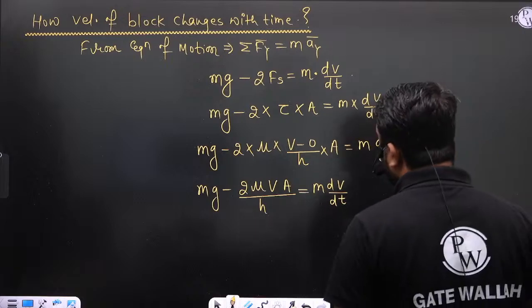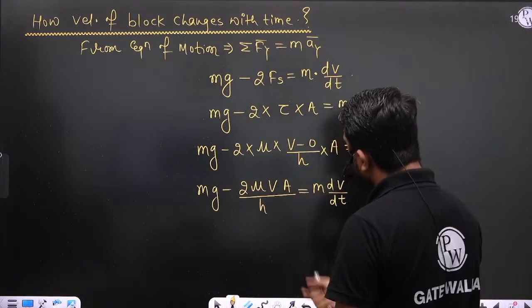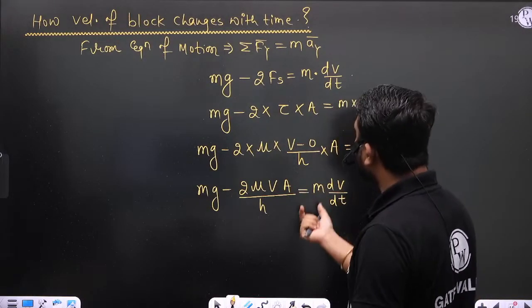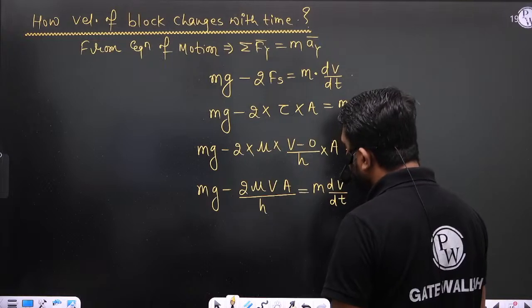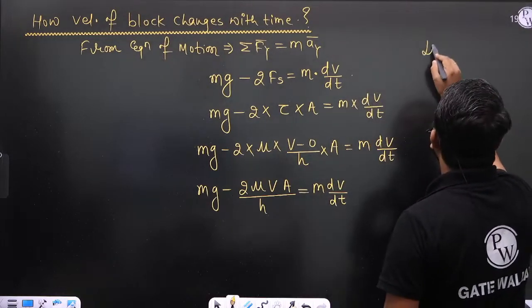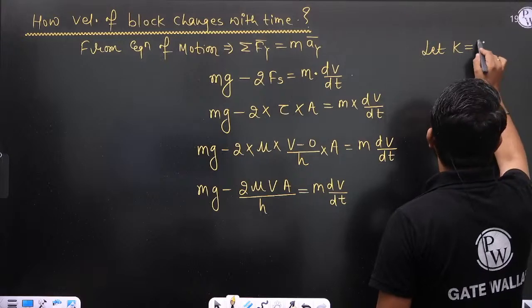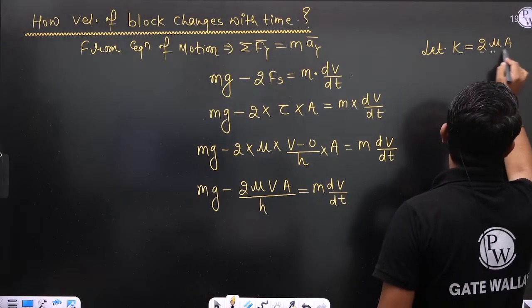Now see, if you look at this part, mu is constant, it is not changing with respect to time. Area is constant, and h is constant. So let us consider this constant as k. So k is equal to 2 mu A divided by h.